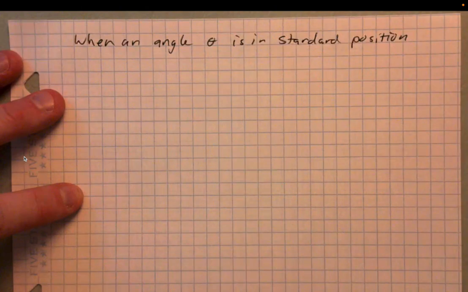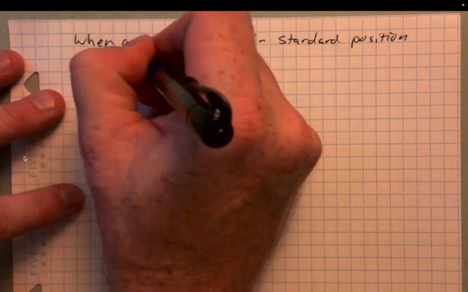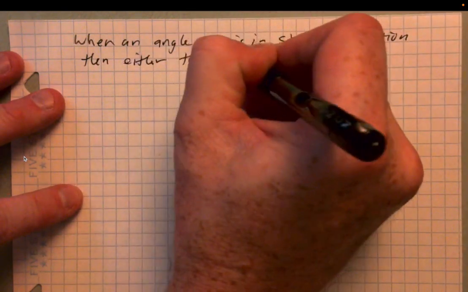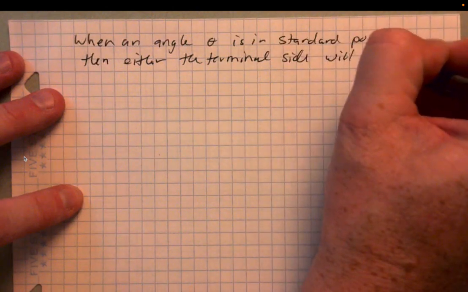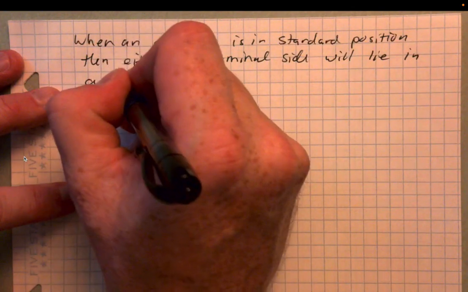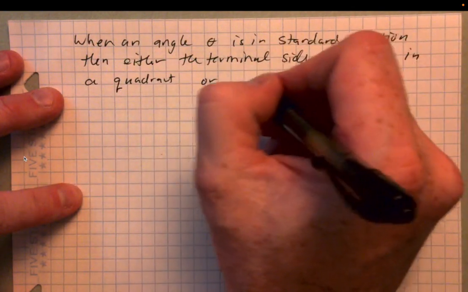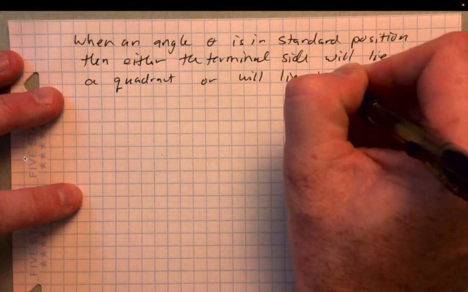Either the terminal side will lie in a quadrant, or will lie on an axis.